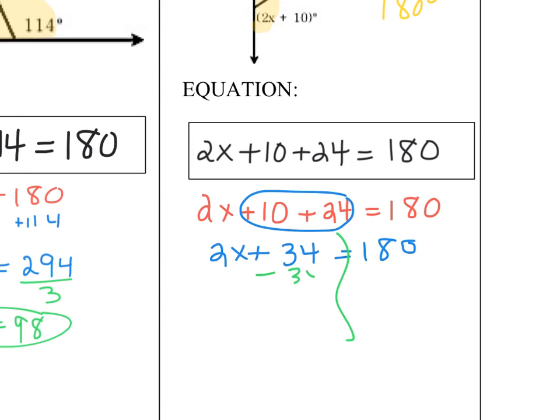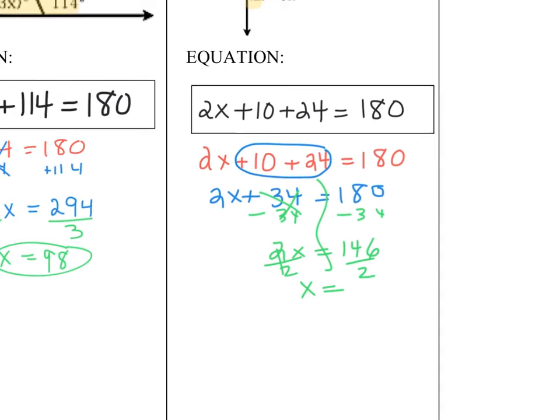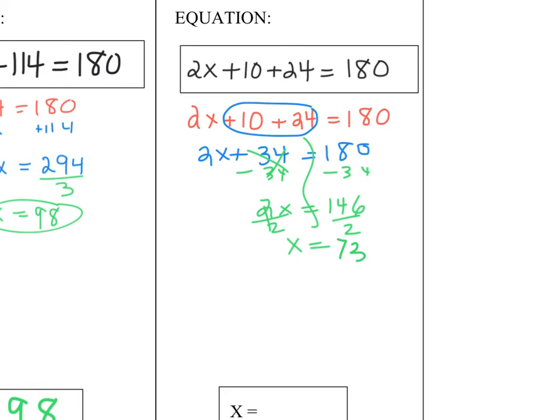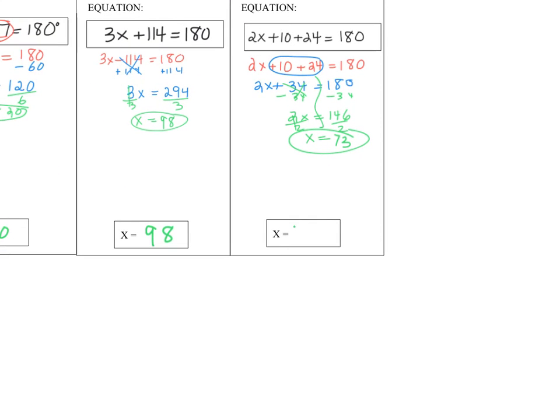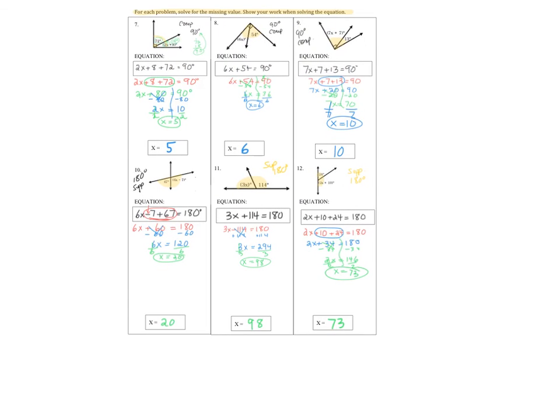Okay, subtract 34 on both sides. 2x equals 180 subtract 34, gives me 146. Divide by 2 on both sides, and x will equal 73. All right, so there goes that completed part 1 of the study guide.